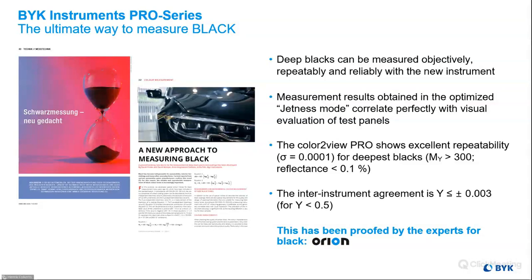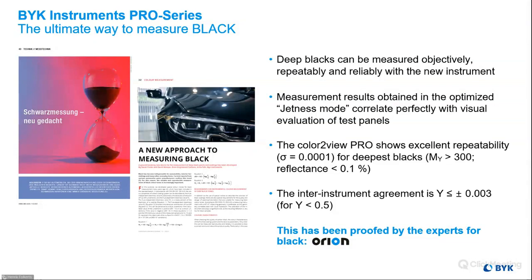This has been tested by the company Orion. We developed these instruments together with Orion, a producer of deep black pigments. They were looking for an instrument able to measure those, because the other instruments cannot see differences in this test 1 to test 6 sample set.